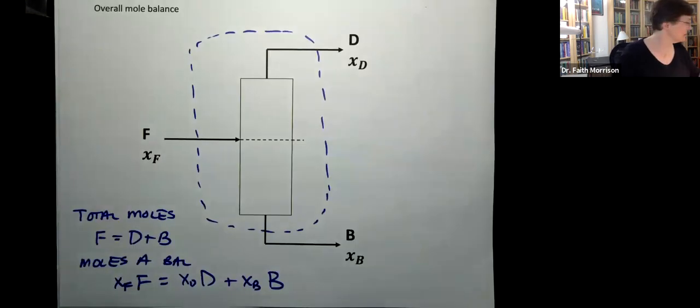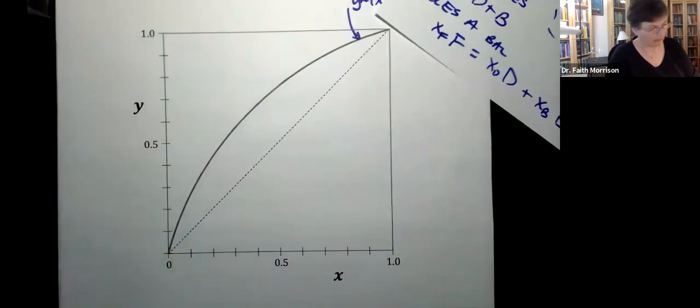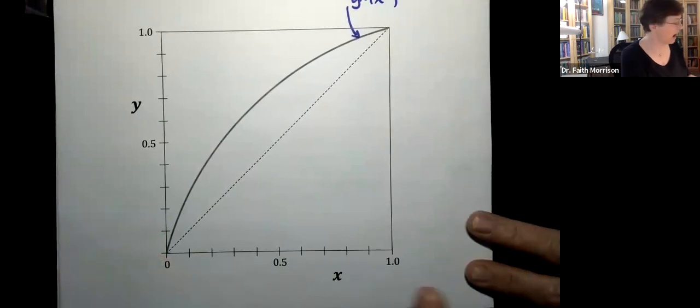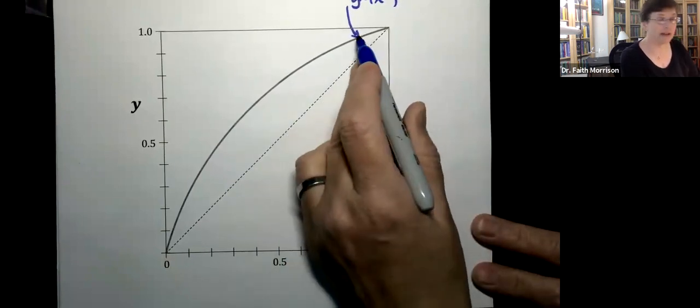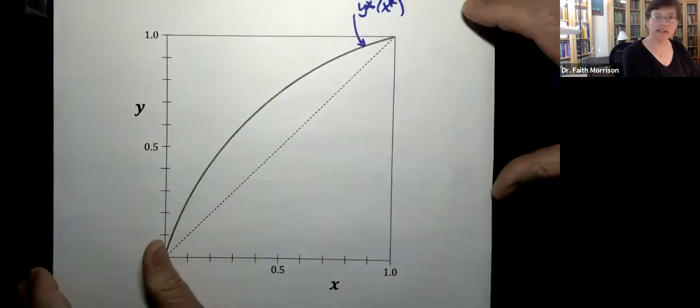So the next constraint is that we have equilibrium stages. And so the equilibrium stages means that when I draw, as I did a moment ago, a particular stage, the liquid and the vapor are going to be at equilibrium in that stage.